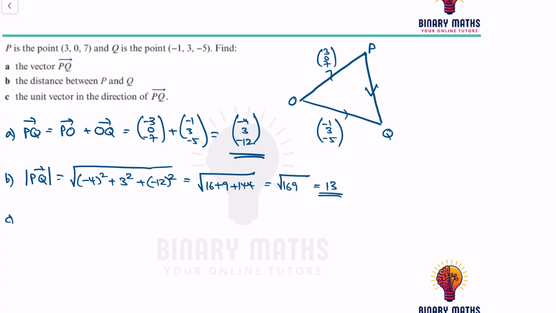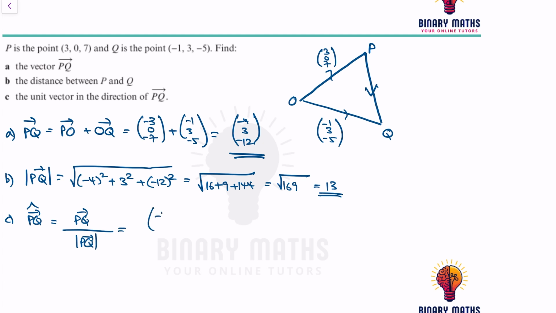C, the unit vector in the direction of P to Q. That means the unit vector of PQ is equal to PQ over the magnitude of PQ, which we just worked out.